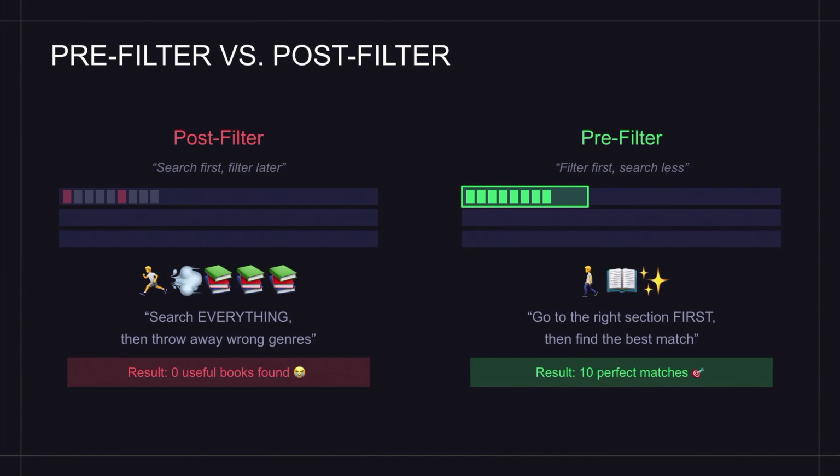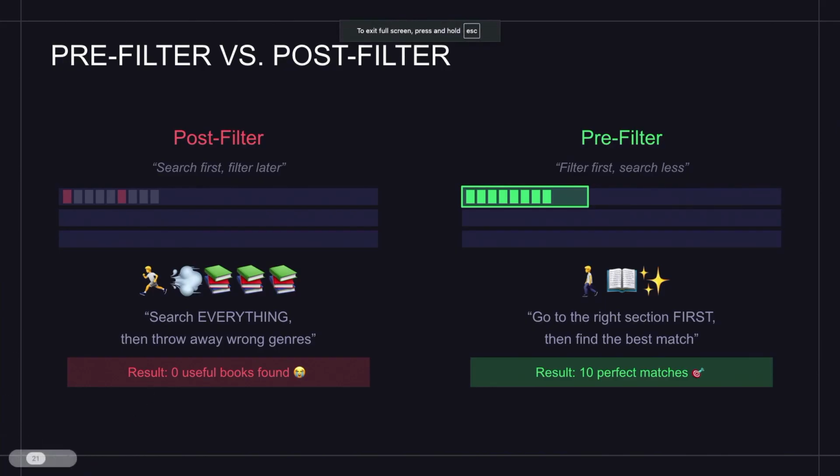Post-filter is you search first and then you filter later. If you're looking for a book or a particular title, you search the whole thing and then you throw away the wrong genres. Whereas in pre-filter, you filter first and then you search less. So you go to the right section first and then find the best match.